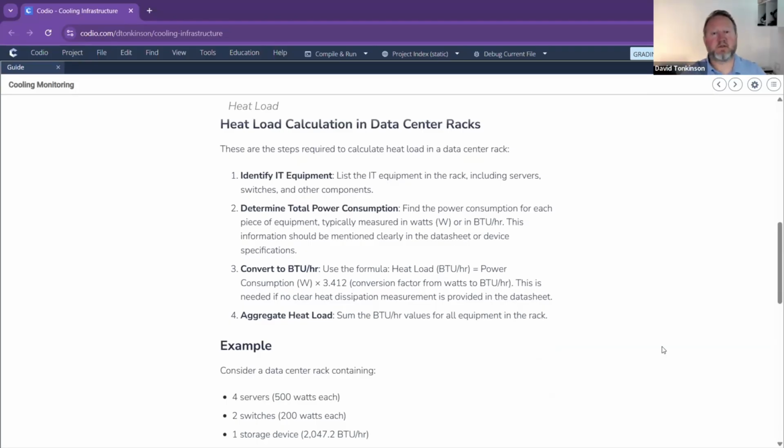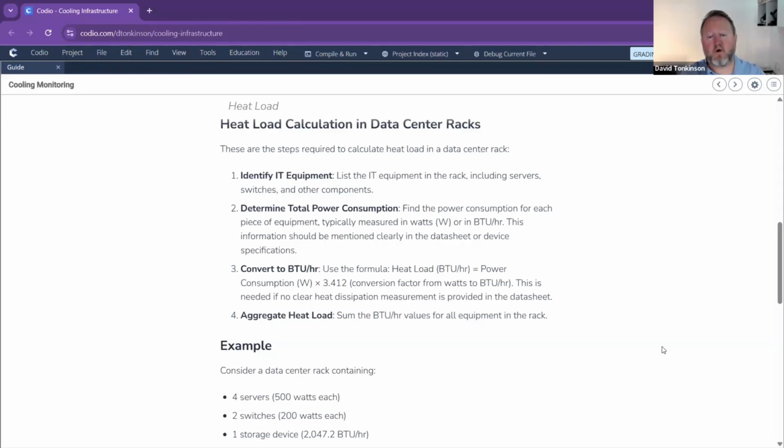That's a maximum BTU per hour, because of course the harder we make a server work, the more processing it does, the hotter it will get. So it tends to be a maximum. They also tend to be rated in watts. So we've got two options of how we get that BTU. First of all, the manufacturer will actually stamp it and tell you what it is. And secondly, you can look at the wattage on the server.